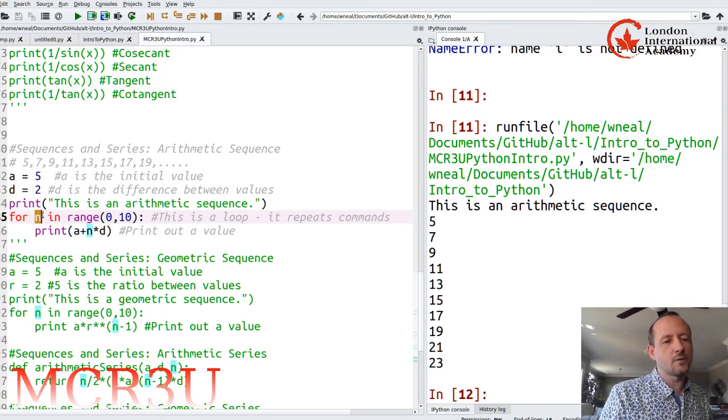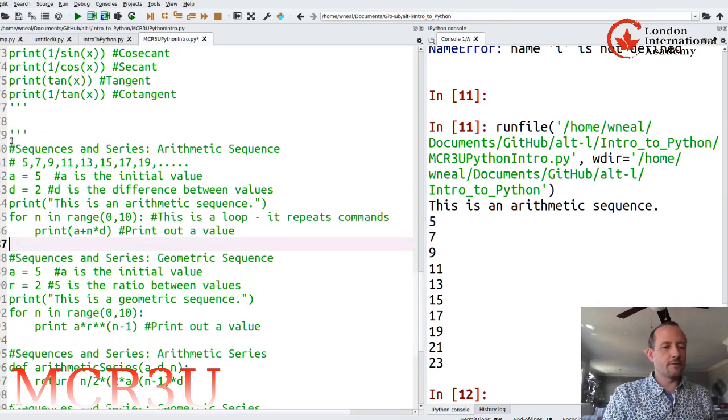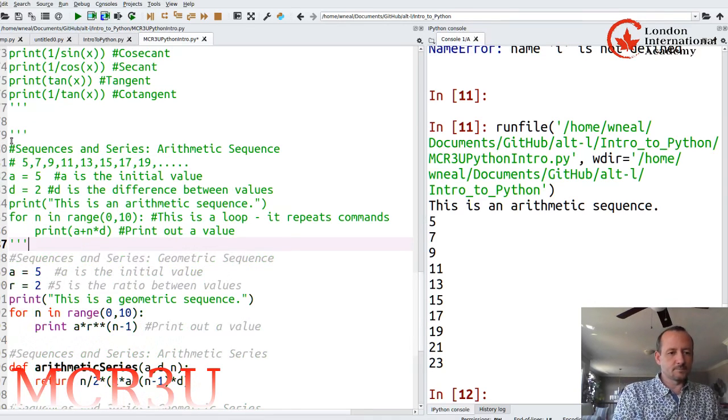And then n is 1, we have 5 plus 1 times d, we get 7, and so on. So this one's called an arithmetic sequence. Alright, so that's the first of a number of arithmetic and geometric sequences and series.